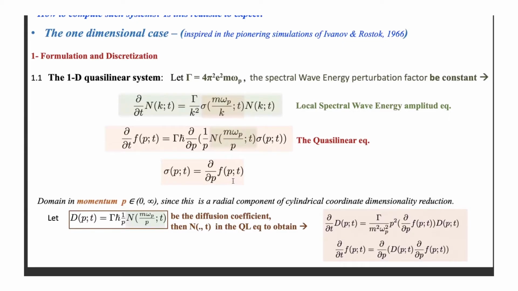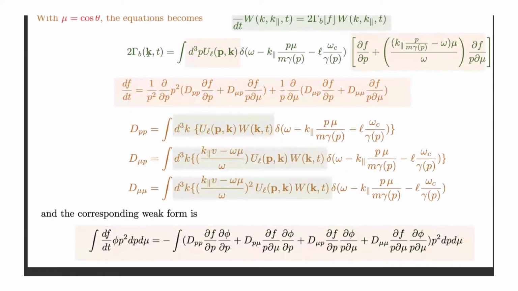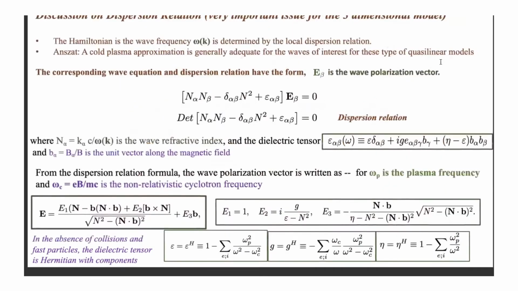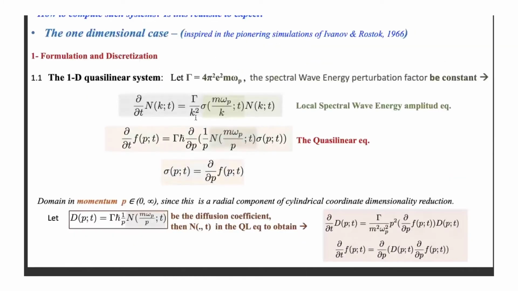So remember, gamma was an important component. Gamma contains the dispersion relation, contains the U, and contains this factor that depends on the derivative of f. So it's not that I'm putting the same factor here; maybe I should have written it differently.